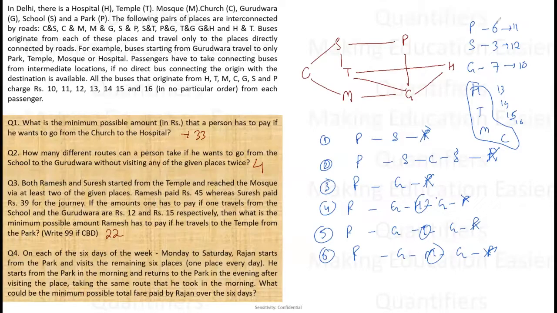So how much money am I spending? 11 into 6, 66, plus 12 into 3, 36. 66 plus 36 is 102, plus 70 is 172. OK, and 13, 14, 15, 16 add up to 58. So 172 plus 58 is 230. 230 is the final answer. Right. This is the total I will achieve.